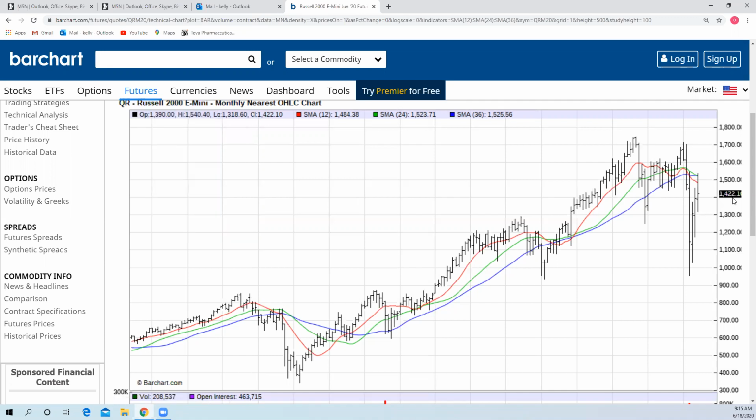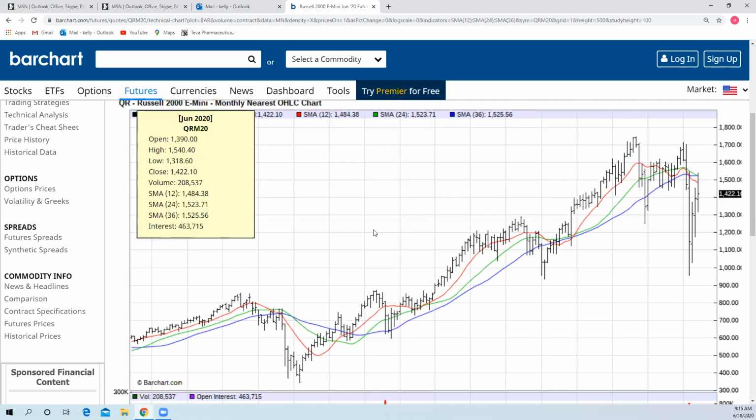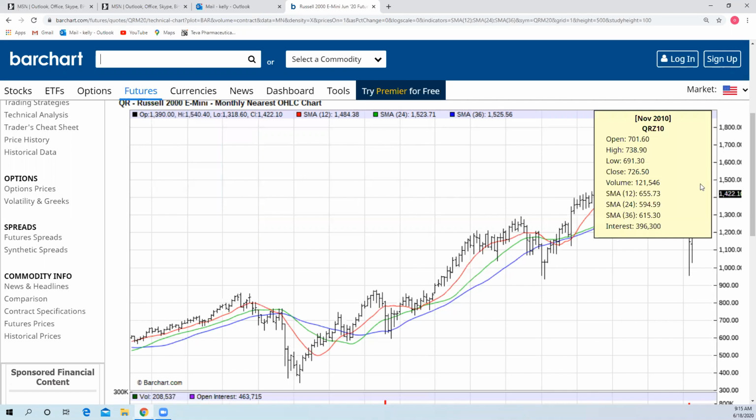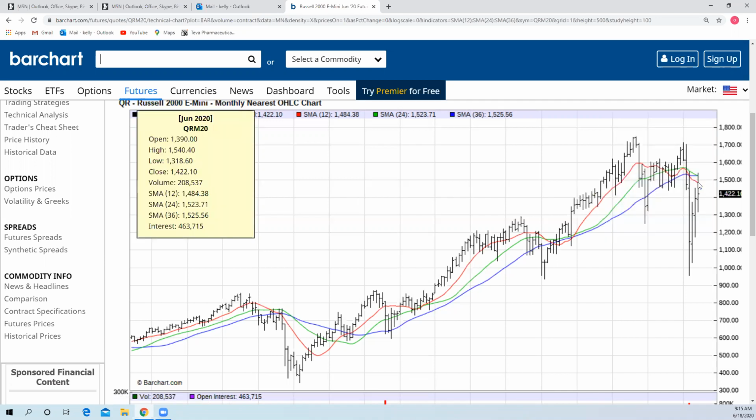And now we're at 1422, well underneath the moving averages, which are crossing. See the 1 year? The 1 year is underneath the 2 year. The 2 year barely is underneath the 3 year. If we get back above 1525 and 1540, that's going to be a great sign. So keep an eye on 10,000 on the transports and the Russell above 1540, this month's high.